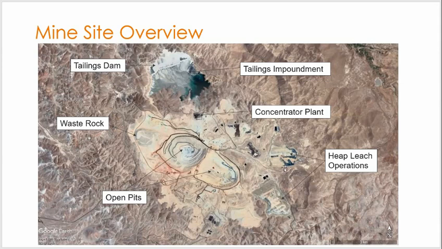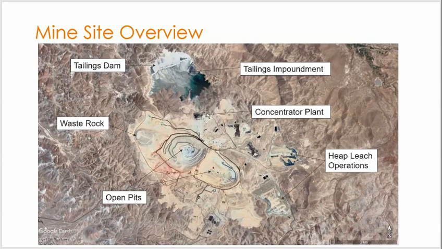The other option for processing ore that I will talk about in great detail today is concentration. That entails transporting the ore to a concentrator plant. The ore is crushed and ground up into soil-sized particles, so nothing larger than sand, and all the way down to silt and clay-sized particles.